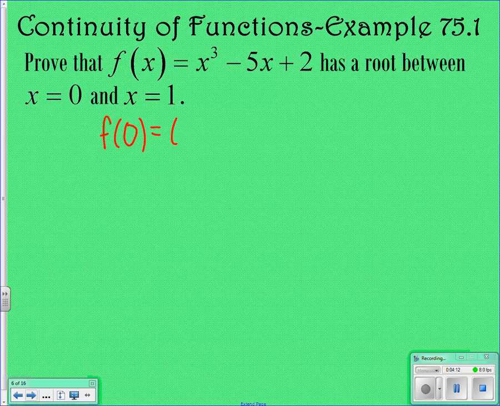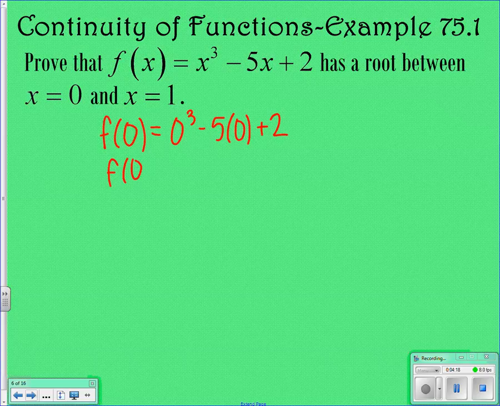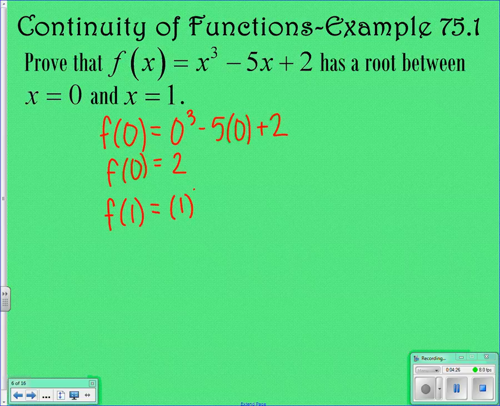Well, if you plug in 0, you get that f of 0 equals 2. We also need to figure out what f of 1 equals. So if you plug in 1, you end up getting -2.